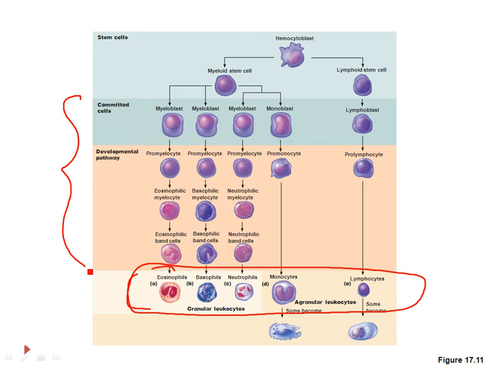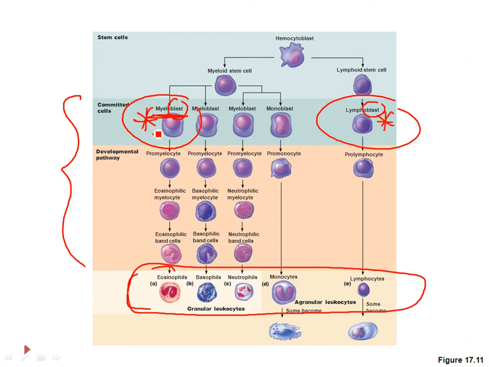Leukemias generally occur when immature type white blood cells, such as these myeloblasts, usually when you see blasts on the end of a cell name, that's referring to an immature, not completely specialized or not completely differentiated type of cell.